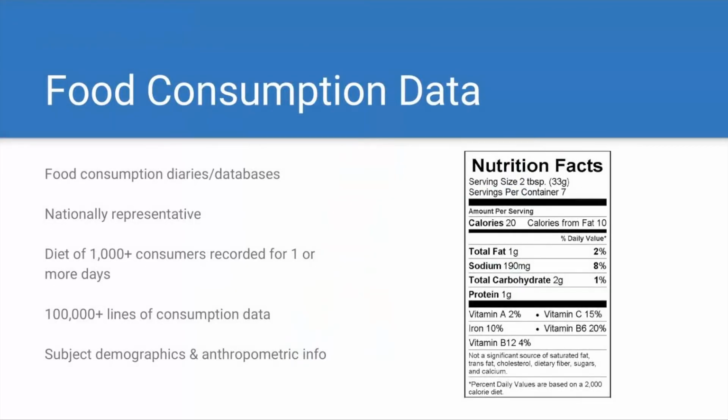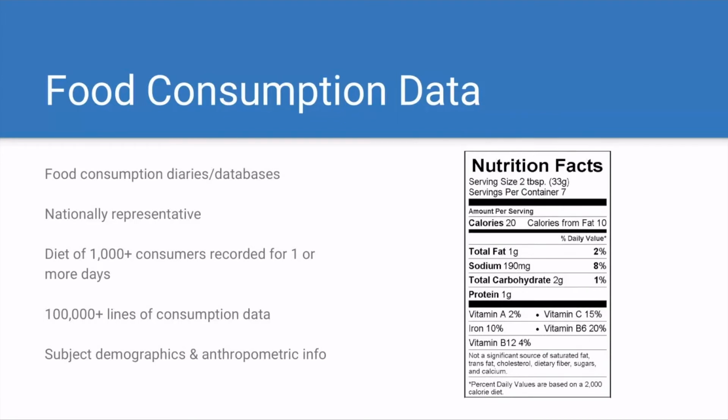So the starting point for this type of analysis is using food consumption data. These are nationally representative surveys of food intake in a population of consumers. You survey the diet of 1,000 or more consumers for 1 or more days.